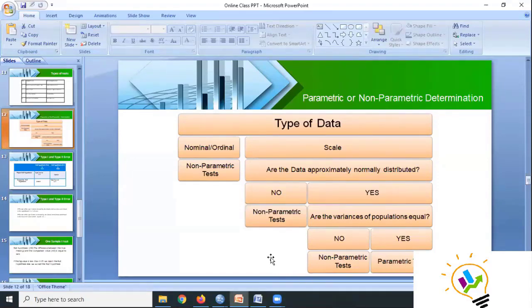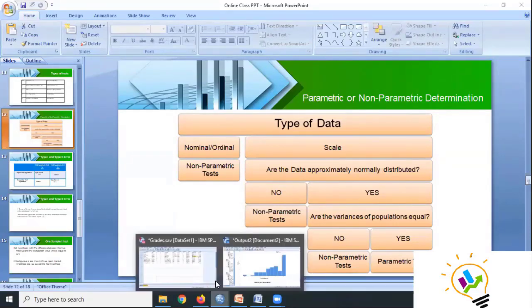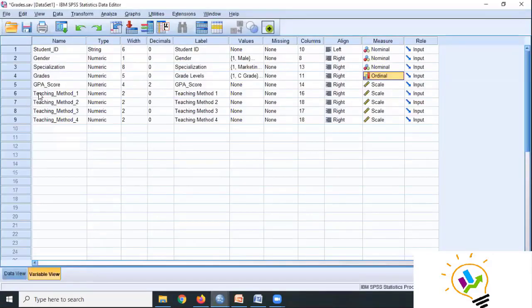Right. Whenever we start with any test, for example, I want to use this GPS score. I want to check, is there any significant difference between gender, male and female, towards the GPS score? So when we start using any type of test, we need to have a hypothesis, and we create a null hypothesis.